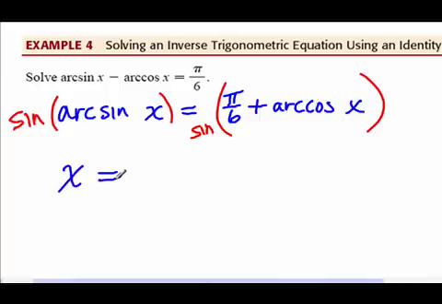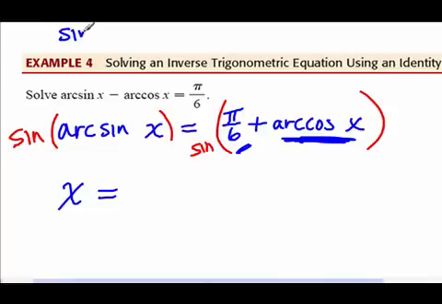Guys, what do we have on the right-hand side? We have the sine of an angle, right? Arc cosine x is an angle. So you've got the sine of a sum.